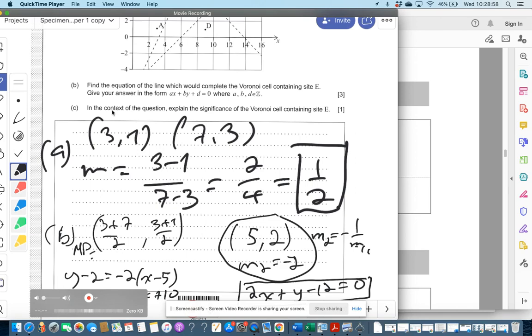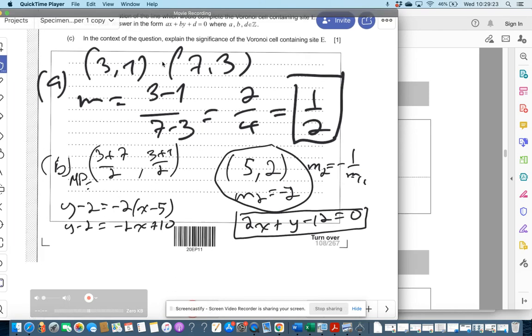In the context of the question, explain the significance of the Voronoi cell containing site E. 1 point. Again, the sites are closer to any point within that cell than any other site. Okay, so we have to be able to say that concisely for the test.